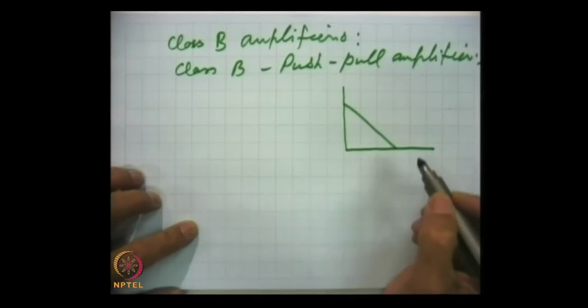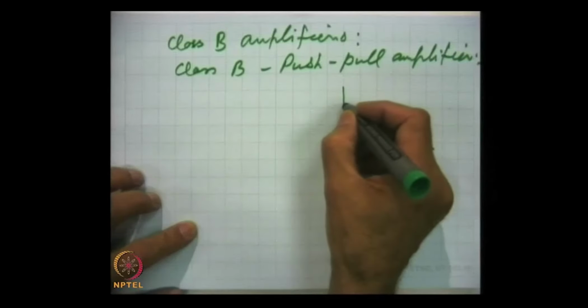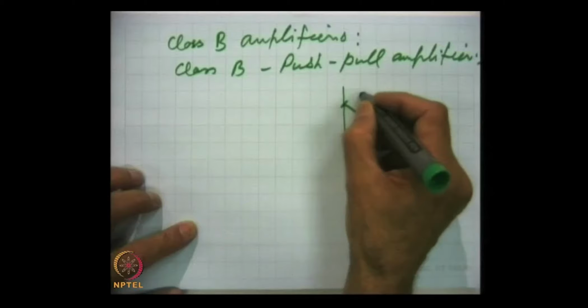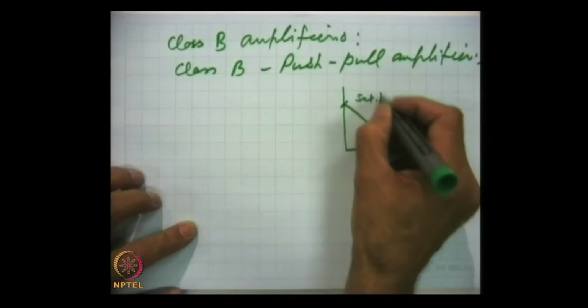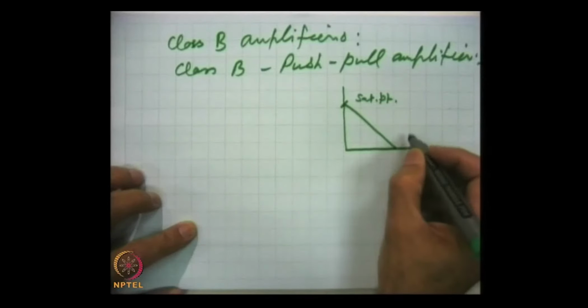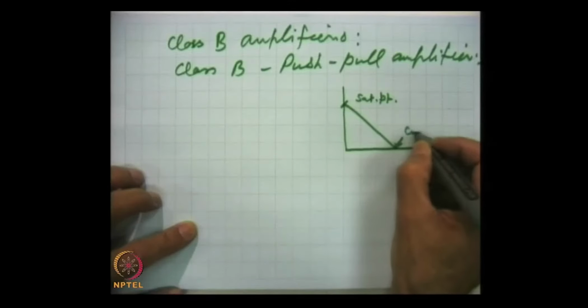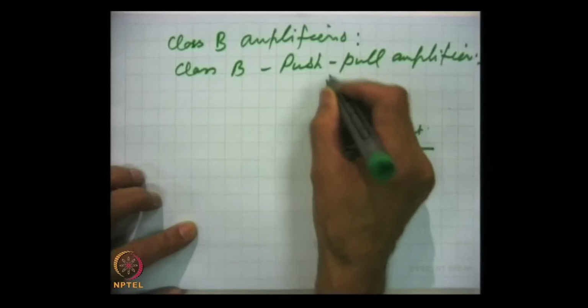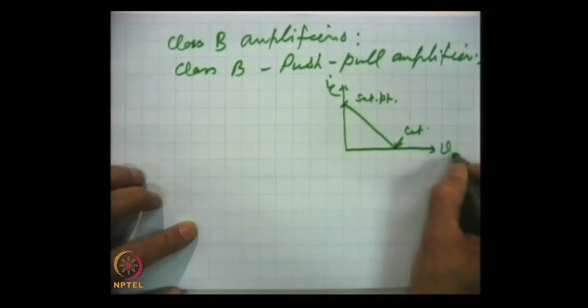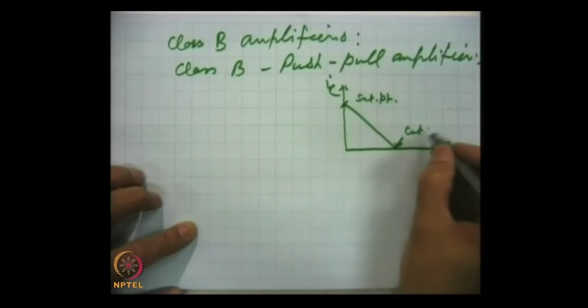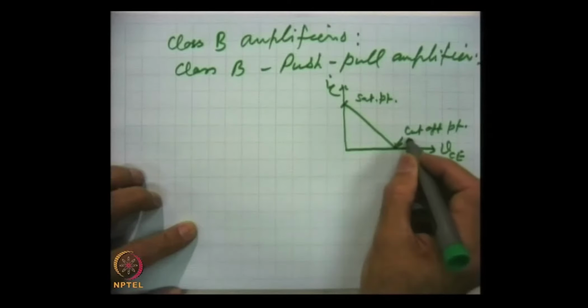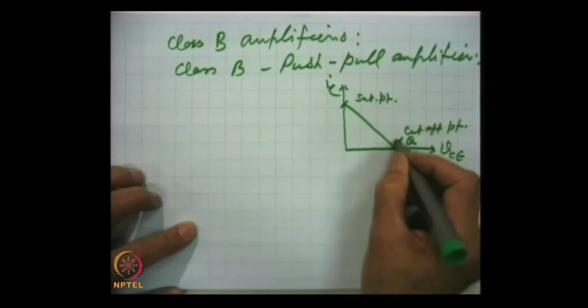This is the AC load line, this is the saturation point, and this is the cutoff point. This is IC, this is VCE, and this is the cutoff point, and this is also the Q point.